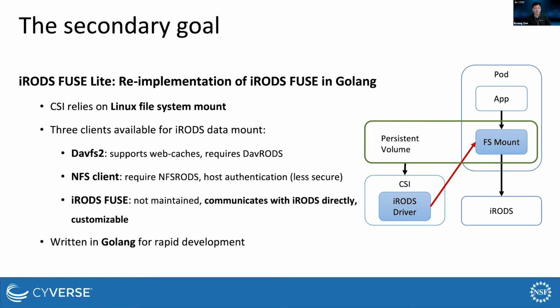DavFS2 implements WebDAV protocol. Since WebDAV protocol is based on HTTP, web caches can be configured to improve read bandwidth for frequently accessed data. That is very useful for community data sets.